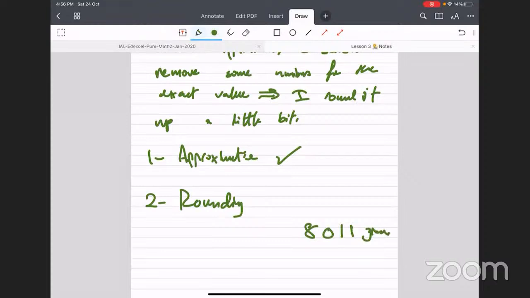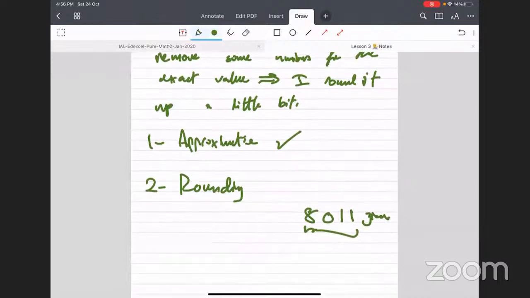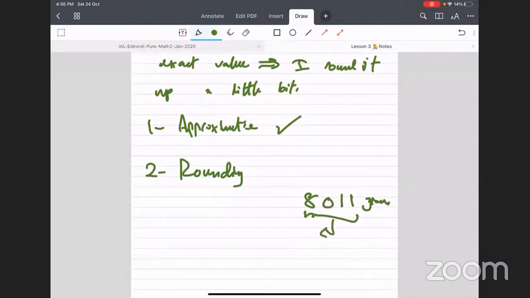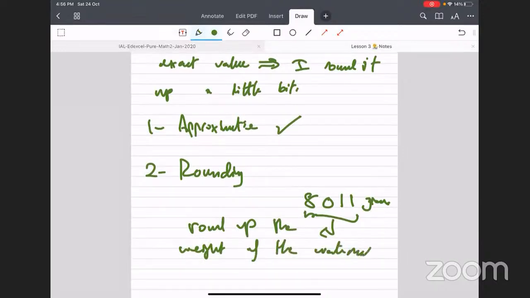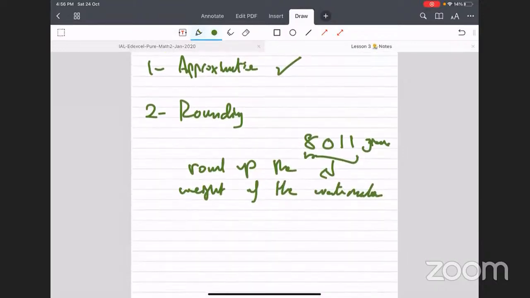Or anything. But I don't need to know all of this information. I don't need to know the exact answer. So I just need to round up the weight of the watermelon to 8 kilograms. I don't really care about this minute difference, right? So I will just round it up.